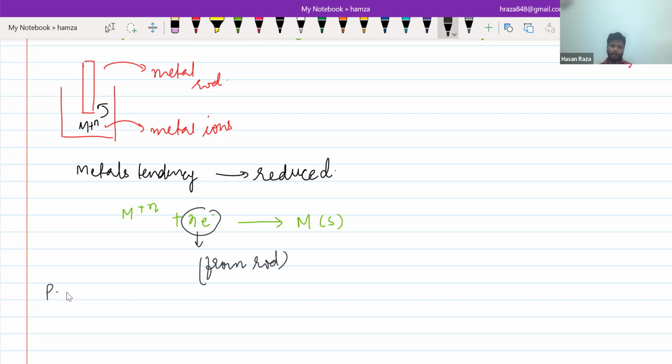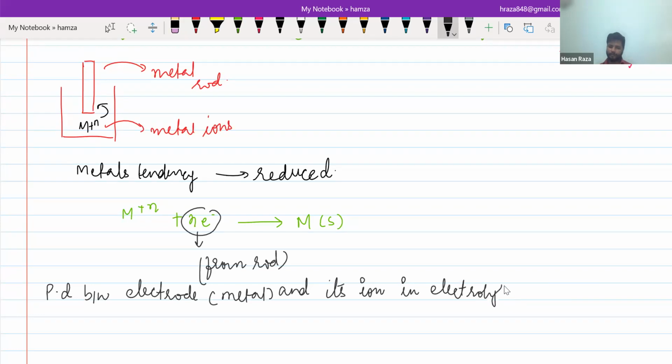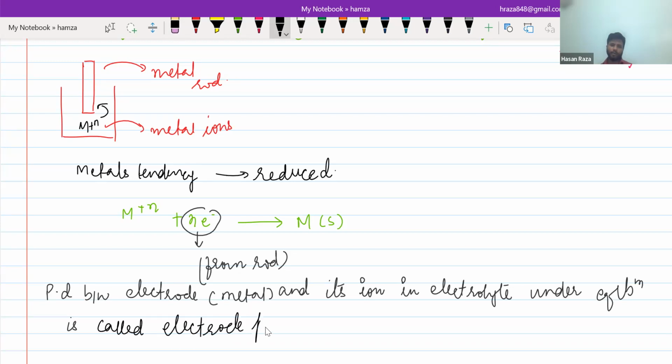Now we are going to define potential difference for this. The potential difference between the electrode, that is the metal, and its ion in electrolyte under equilibrium is called electrode potential.